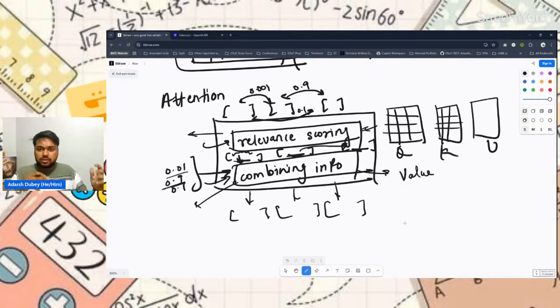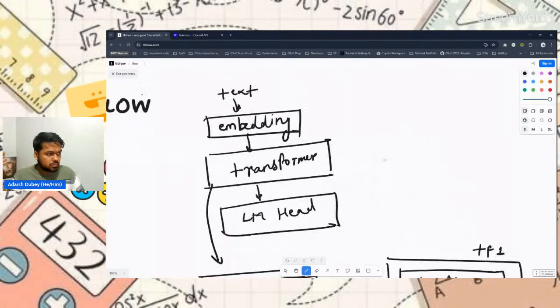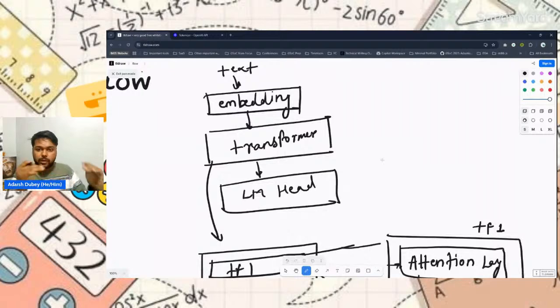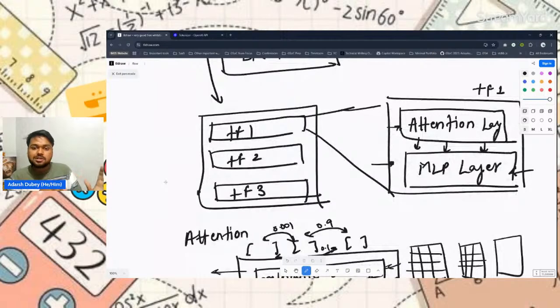Okay, cool. So this is what the flow looks like. Text to embeddings, embeddings to transformer blocks. What does the transformer do? It has multiple transformer blocks. Each transformer block has an attention layer and an MLP layer.